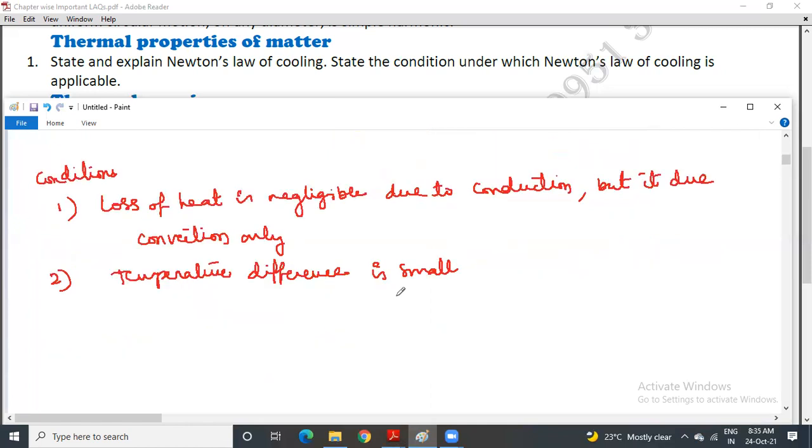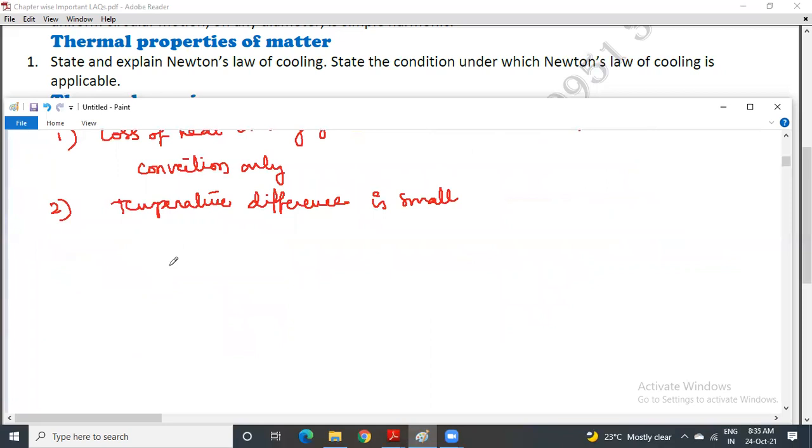Next, the flow of heat is like streamlined flow of air.